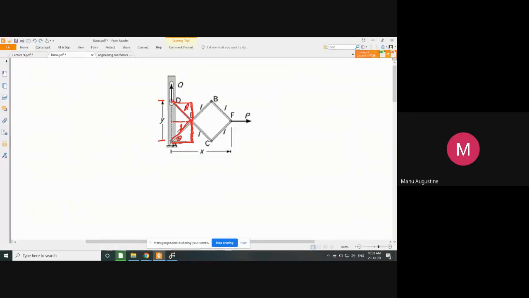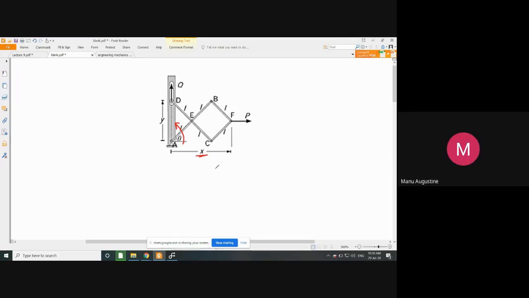Once again, look at the mechanism here and tell me, by using your imagination and logic, that if I increase theta, the magnitude of theta is increased, will the value of x decrease or increase? Tell me.